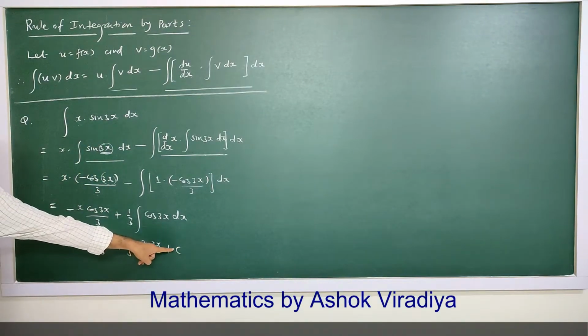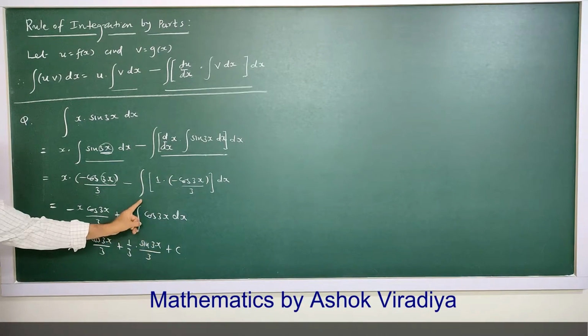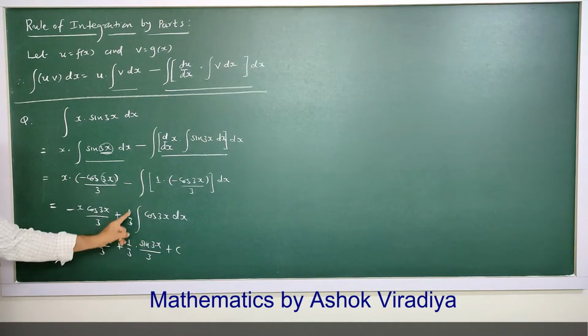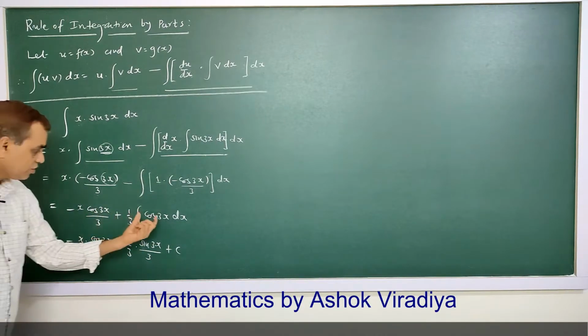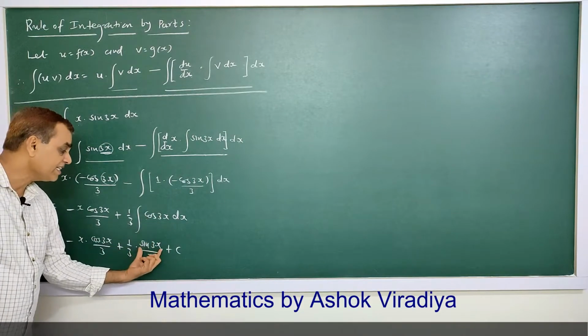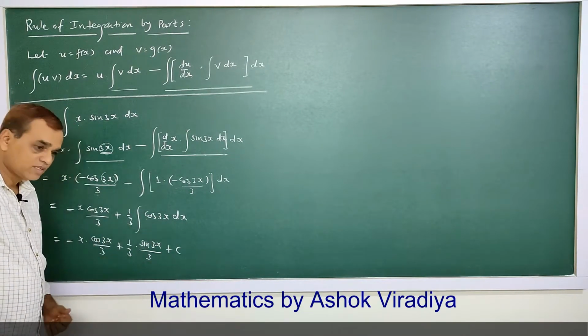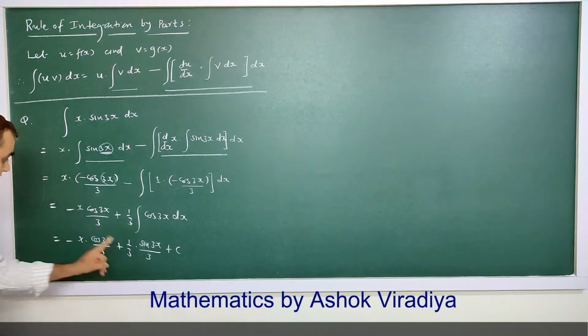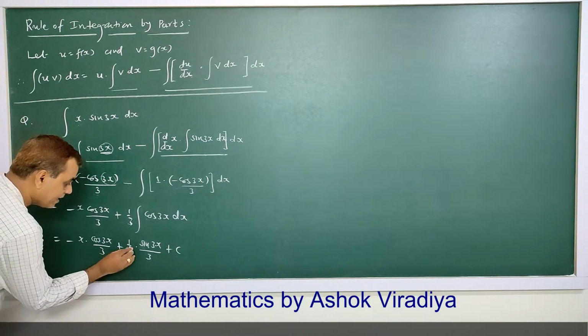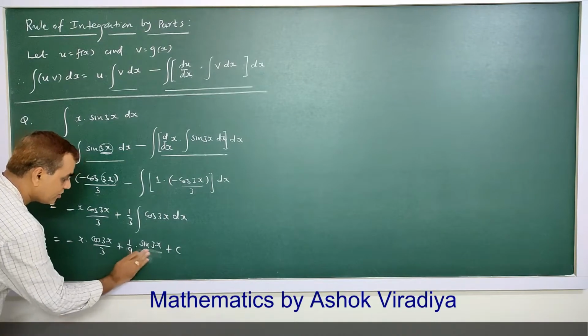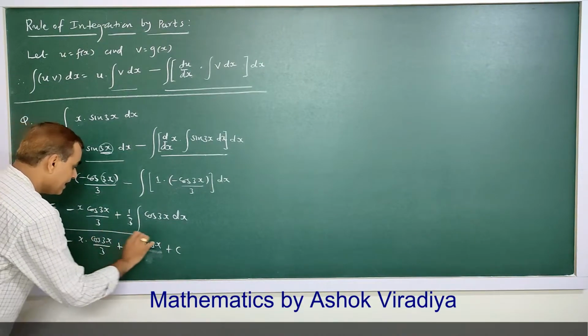Plus c is kept when you remove this last symbol of integration. So cos 3x, its integral is sin 3x by 3, then at last keep plus c. So this will be 3 into 3, 9. So directly we can keep 9 here. So this is the required integral.